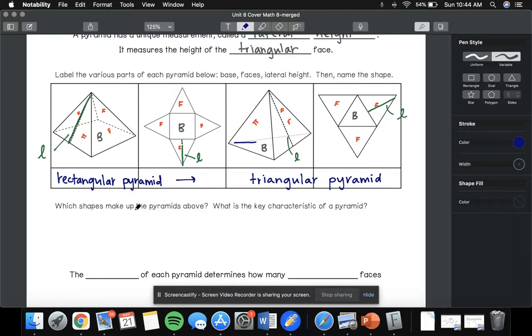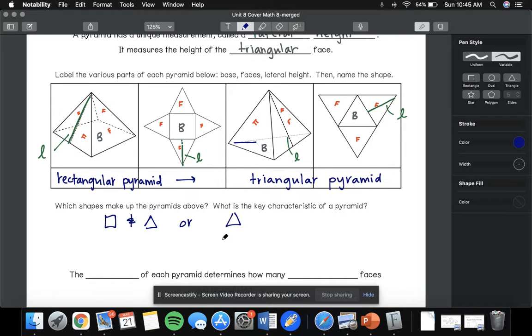Which shapes make up the pyramids above? For these two, we had triangles for the faces because they went to a point, but the bottom was a rectangle. So we had rectangles and triangles for the first two. And then for the triangular pyramid, we had a triangle for the base and also triangles for the faces, so these were just triangles.